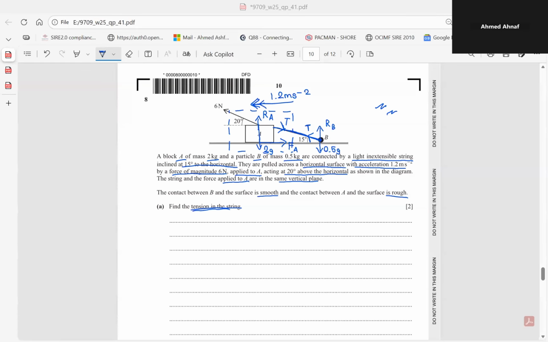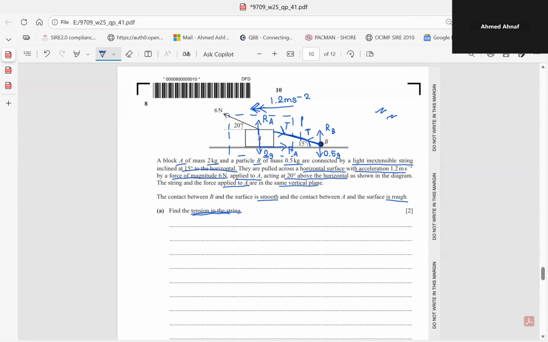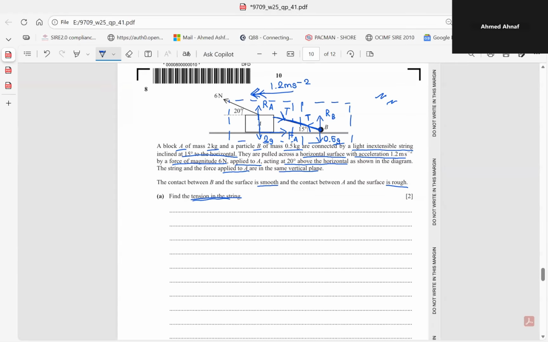Okay, so we have to separate the systems. So for B, this is going to be something like this. We're going to take B, and I'm just going to draw it here again with B only this time.